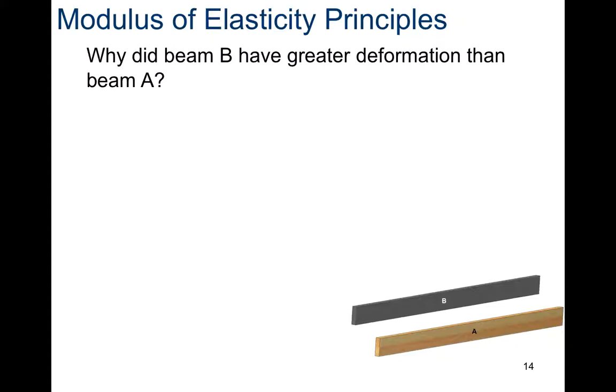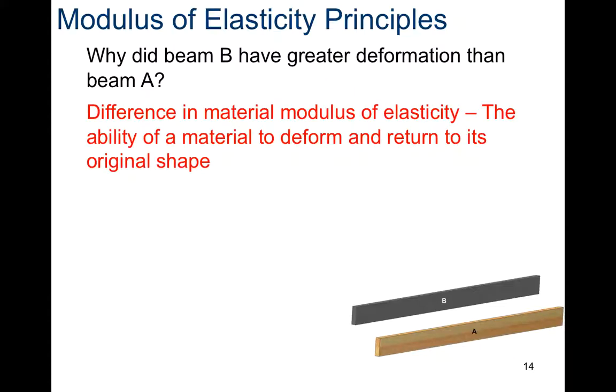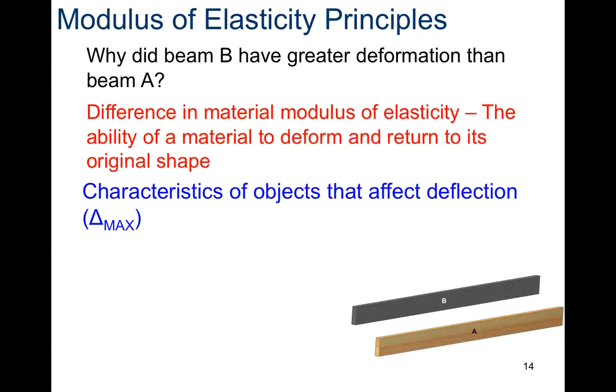Okay, so why did beam B have a greater deformation? It's the modulus of elasticity, the ability of the material to deform and then return to its original shape. Those are the characteristics that affect an object's deflection. Deflection is given by this delta symbol. The triangle means delta, which is change. Delta max means the maximum that the beam shifts from its original position.